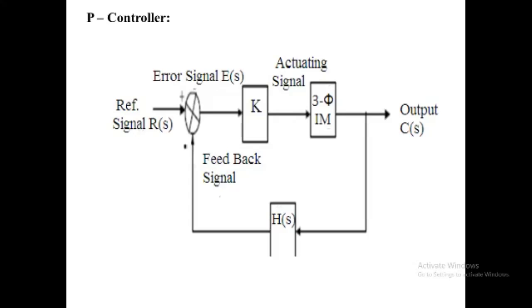The error signal is the difference between the reference input signal and the feedback signal obtained from the output. So, for the system shown in this figure, the actuating signal is proportional to the error signal, and therefore the system is called a P controller.